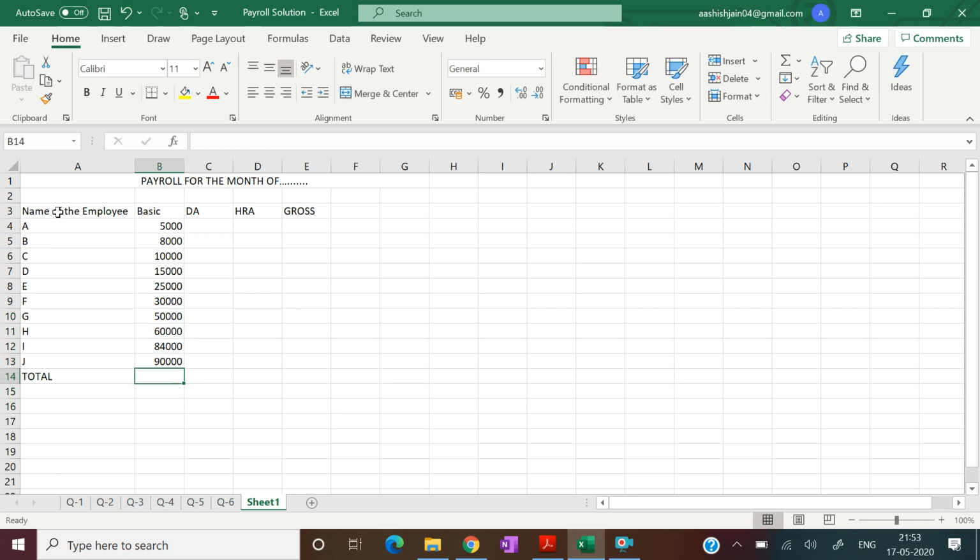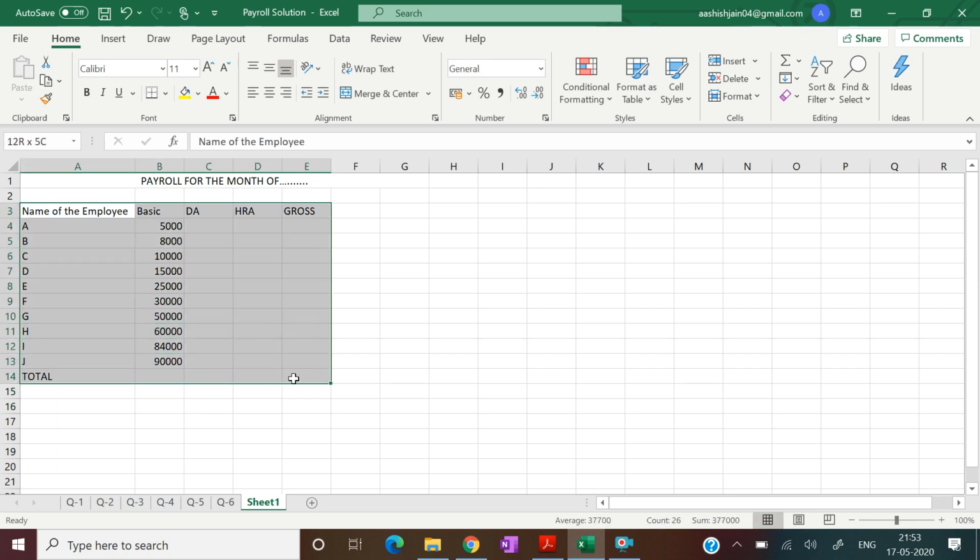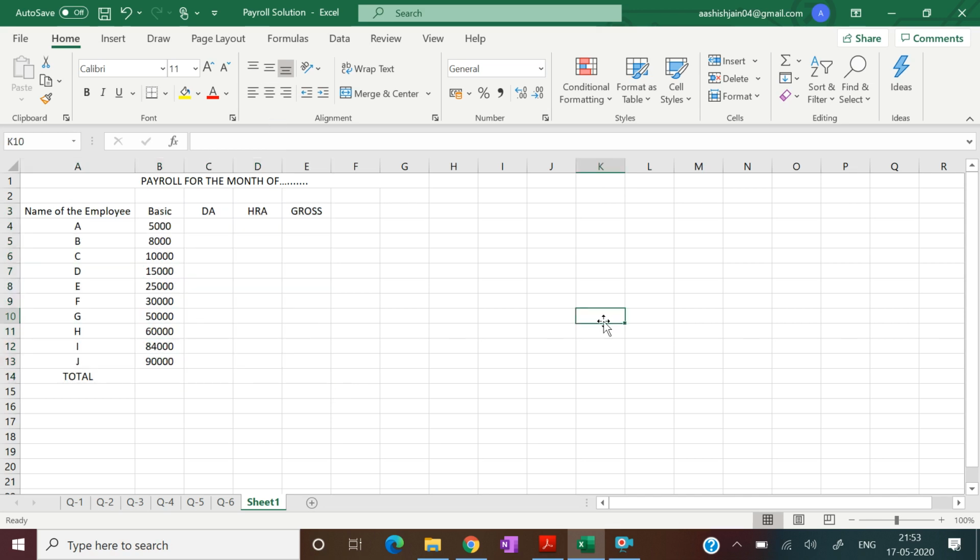I have taken basic salary on the basis of assumption because it is not given in the question what the basic salary would be. Now let's see how to calculate DA.